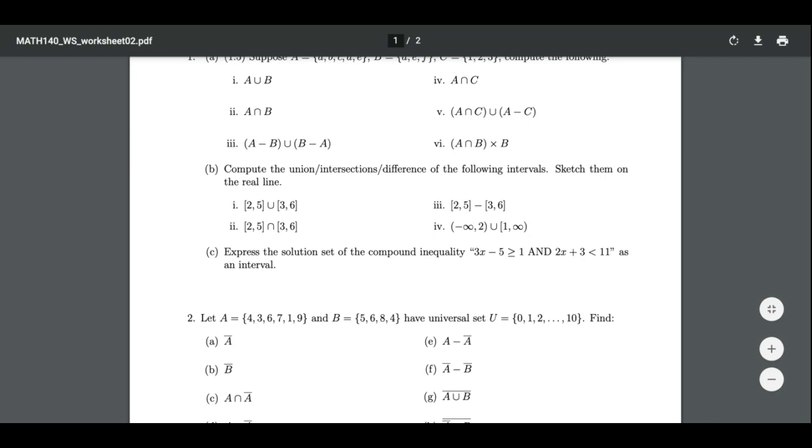The intersection of 2, 5 and 3, 6 is 3, 5. Yes, I agree with you. It's a closed set of 3 up to 5. Right. Okay, great. Why is that? Amy, can you explain why is that?